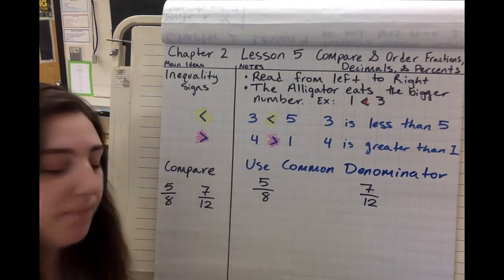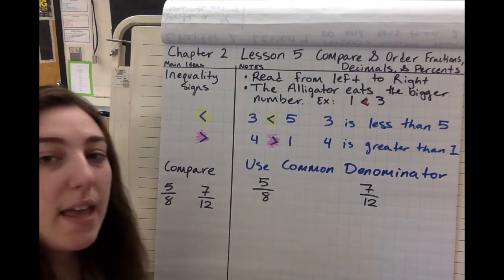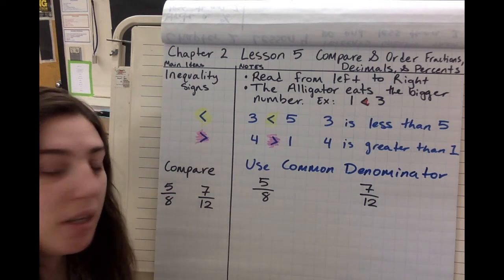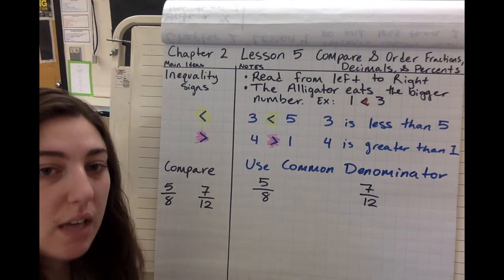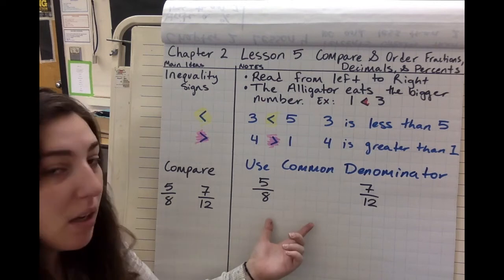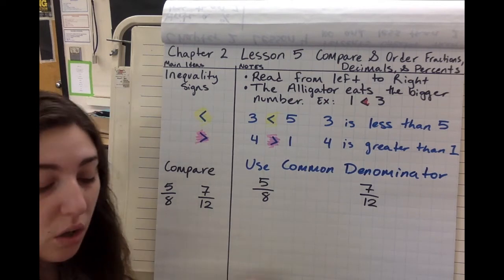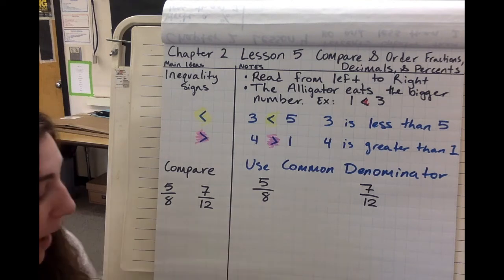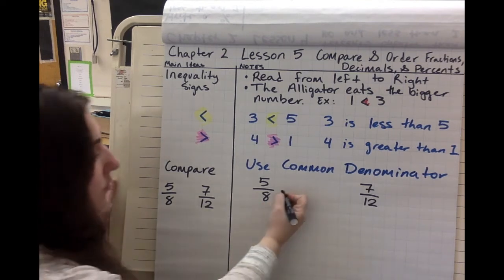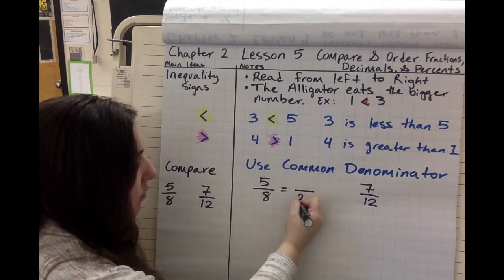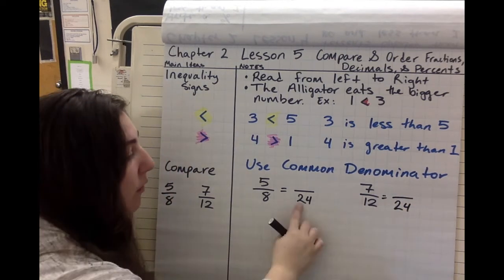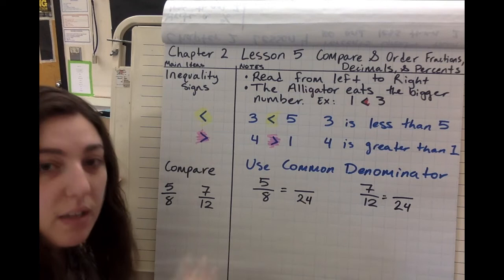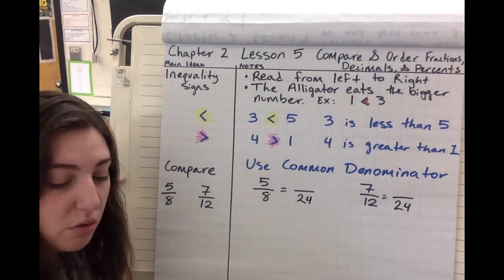That's our strategy. I'm counting by eighths: 8, 16, 24, 32. And I'm counting by 12: 12, 24, 36. Already I noticed that they both have the number 24 in common, so I am going to use 24 as their denominator. I'm setting up an equal ratio, like we did in the rates and ratios chapter.